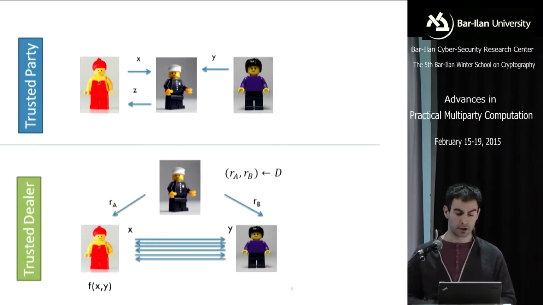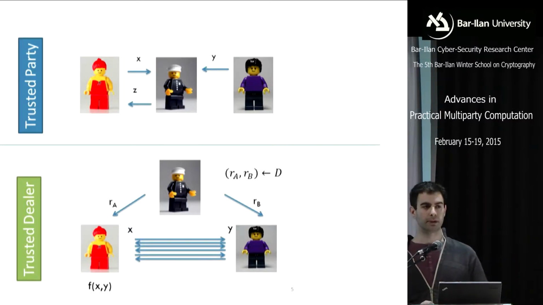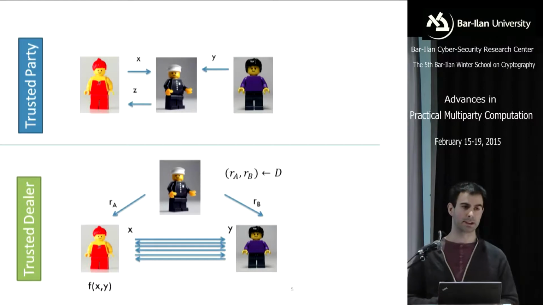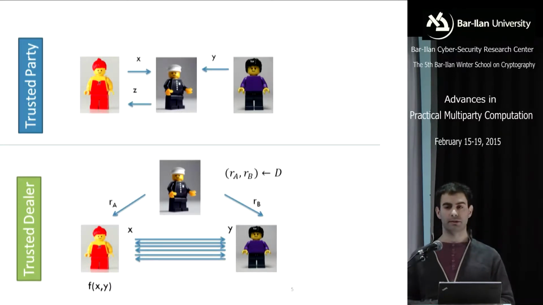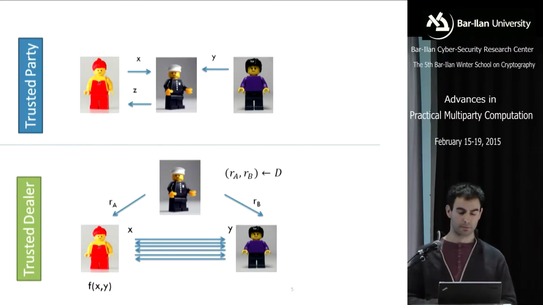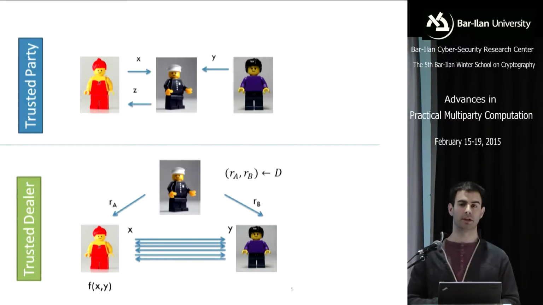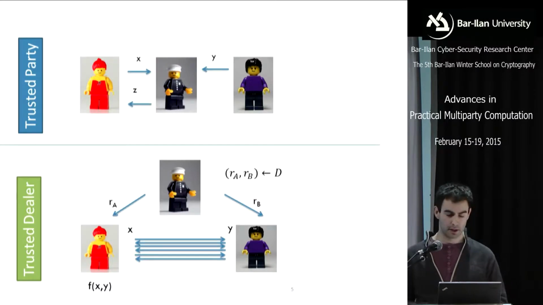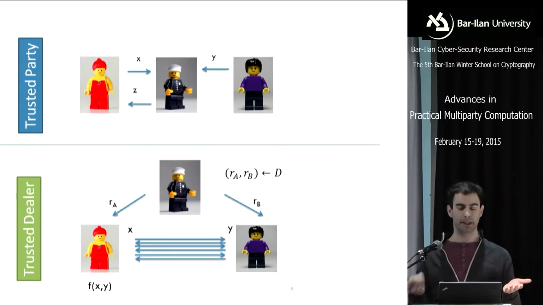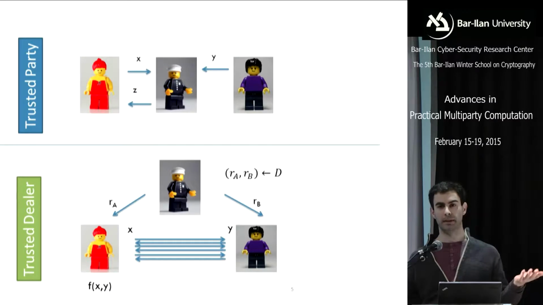So for the first hour of the talk, we're going to focus on this slightly different model, which I'm going to call the trusted dealer model, where we're still going to use some trusted party, so we still have this police guy, but the role of this trusted party is slightly different. Before the protocol starts, this trusted party samples from some distribution D two samples, RA and RB. Those are two random samples from a distribution.